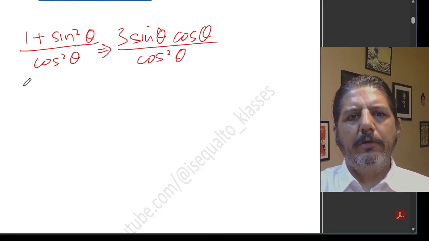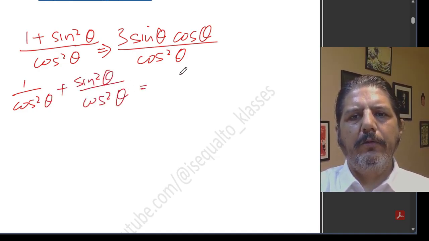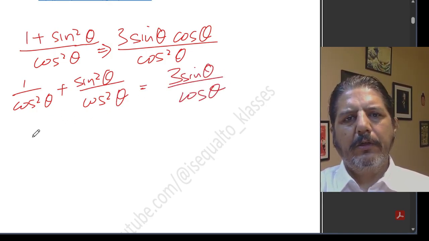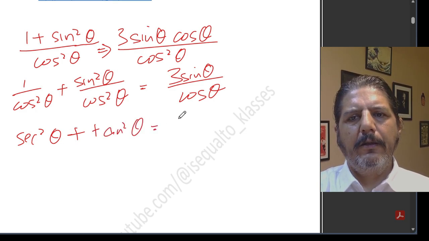So this will be equal to 1 upon cos² theta plus sin² theta by cos² theta would be equal to 3 sin theta by cos theta. 1 upon cos² theta is equal to secant² theta, plus tan² theta equal to 3 tan theta.